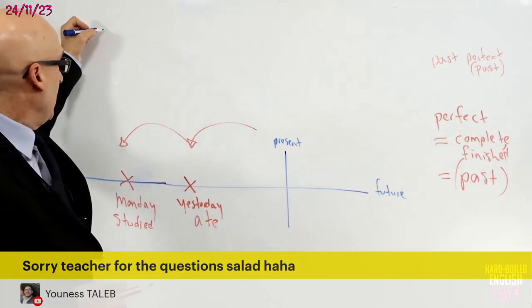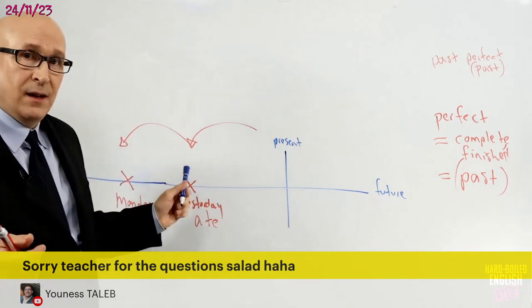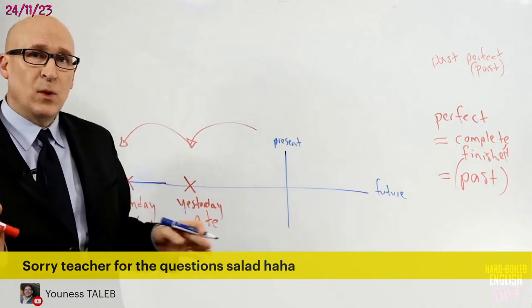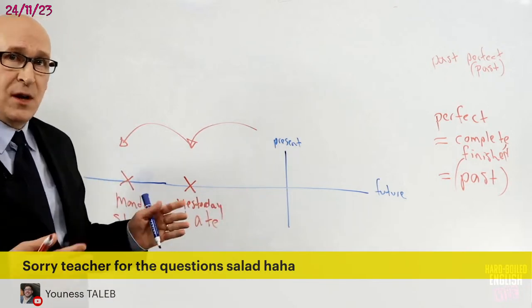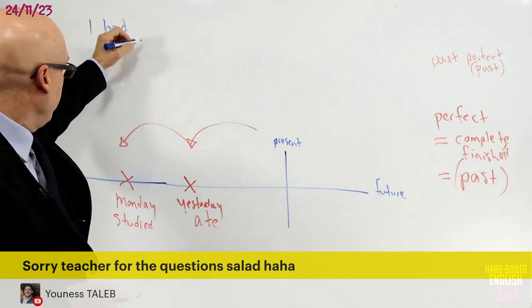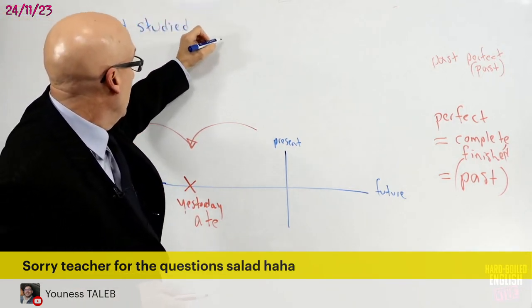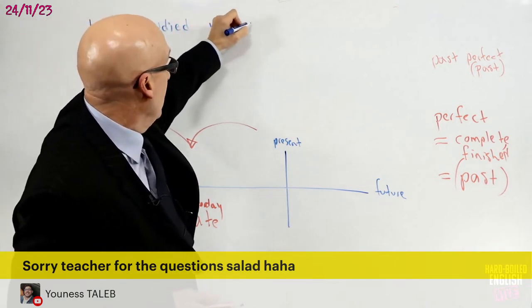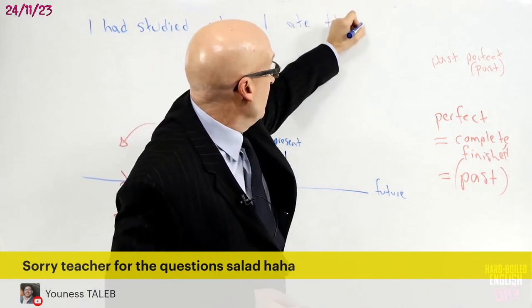So let's say we're going to combine them in a sentence, and it doesn't matter which order you put it in the sentence. The past perfect grammar is always first. So we could say, I had studied when I ate the pizza.